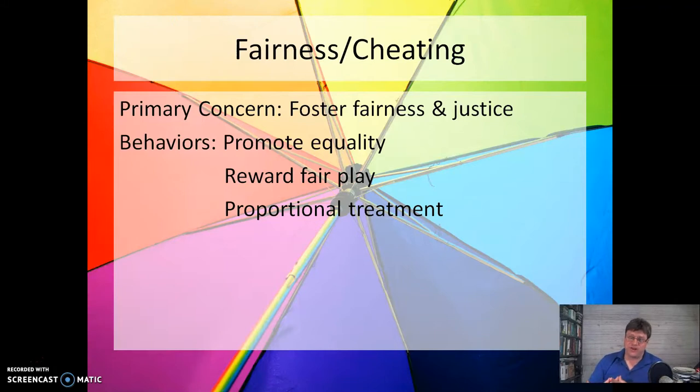The Fairness and Cheating Foundation appreciates fair play, that you're following the rules, that the rules are fair and they're not shifted toward any one group or against any other group. And then finally, proportional treatment. This definition of fairness is a little bit different.